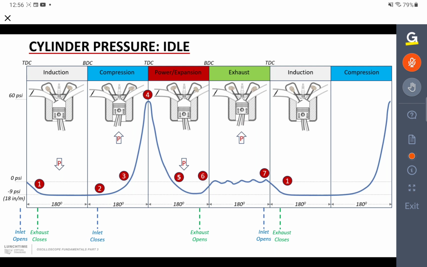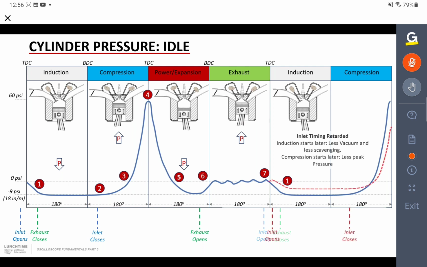But if our inlet timing is incorrect, that pressure peak will now occur after top dead center. That pressure peak should occur just before top dead center when the inlet valve normally opens.